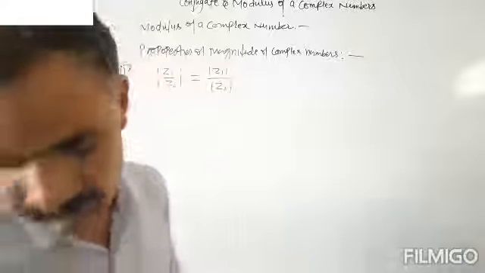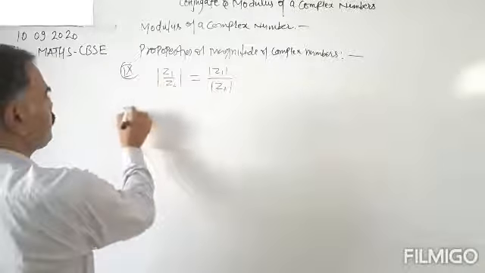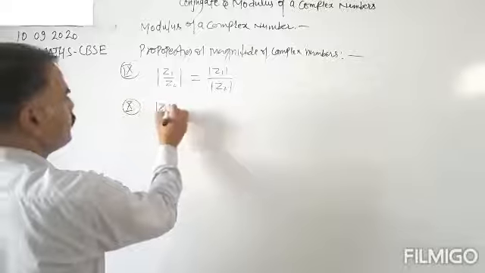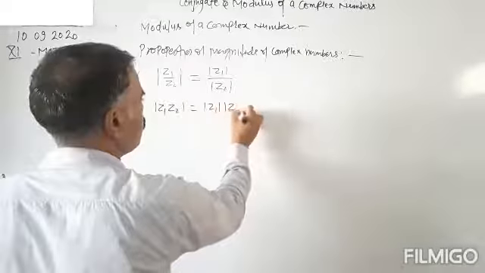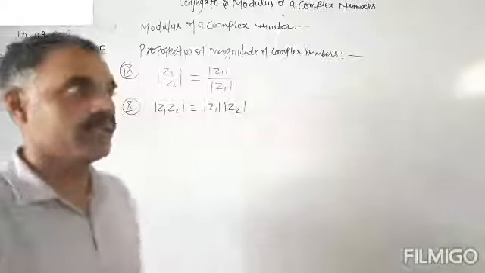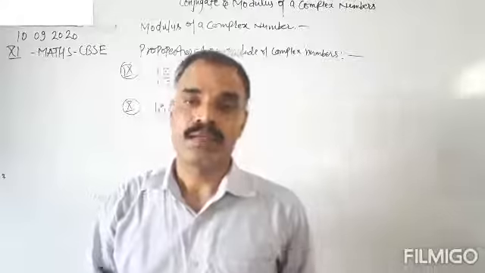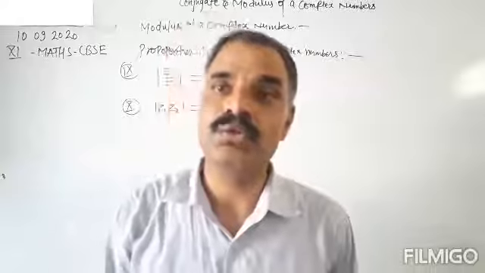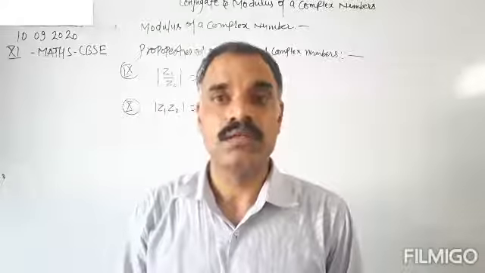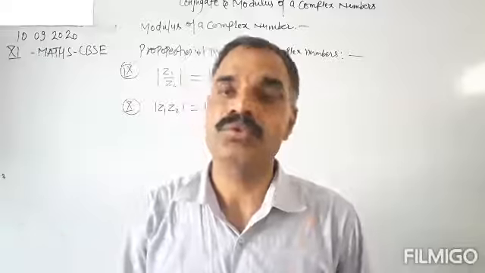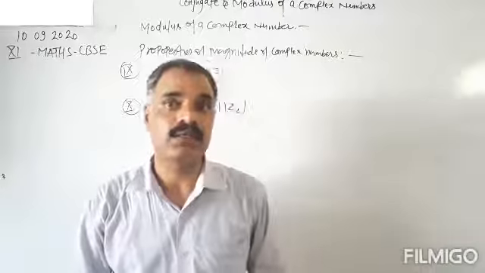And one more result is result number 10: magnitude z1 z2 equals magnitude z1 times magnitude z2. Means the magnitude of the multiplication of two complex numbers is the multiplication of the magnitudes of the two complex numbers. So this is property number 10.